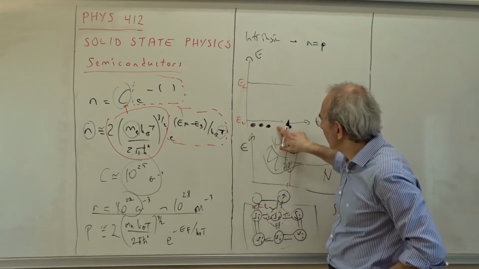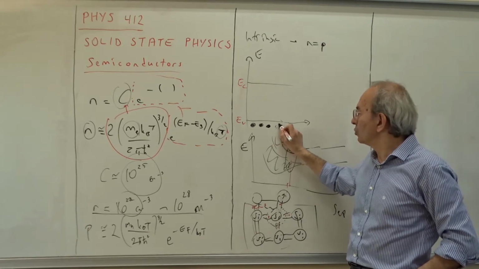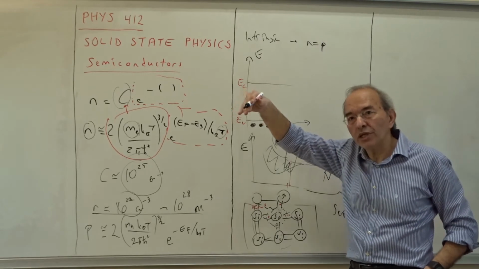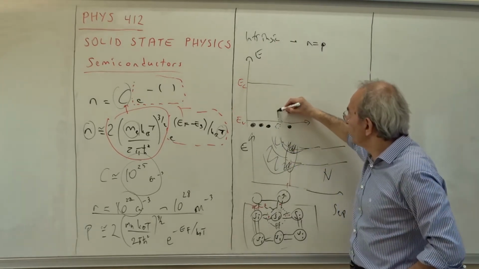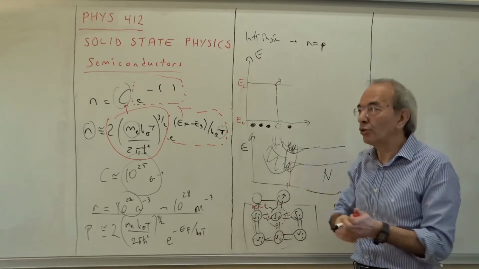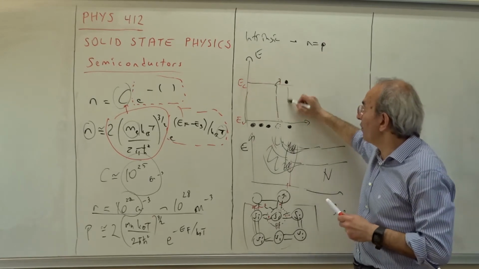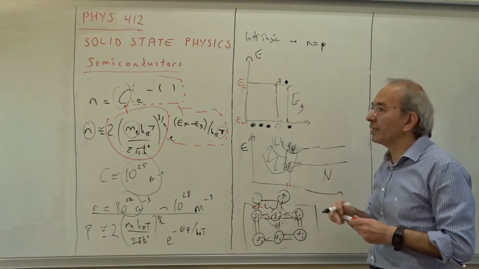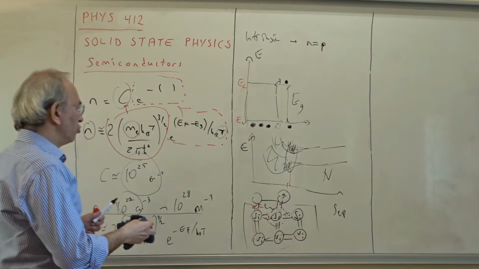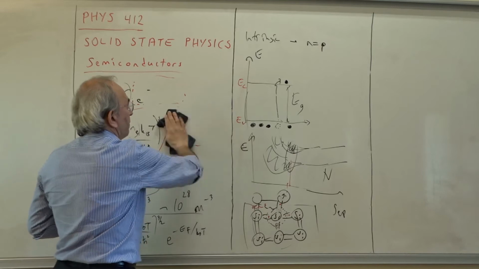This electron was represented by this solid circle. Now it is not in the valence band anymore, it is in the conduction band. And it has moved to the free region. It is now a free electron, so that it is now here and it has this much energy. And that energy difference was called the gap, energy gap or band gap. And we have seen this much so far. Now let's continue from this point on.